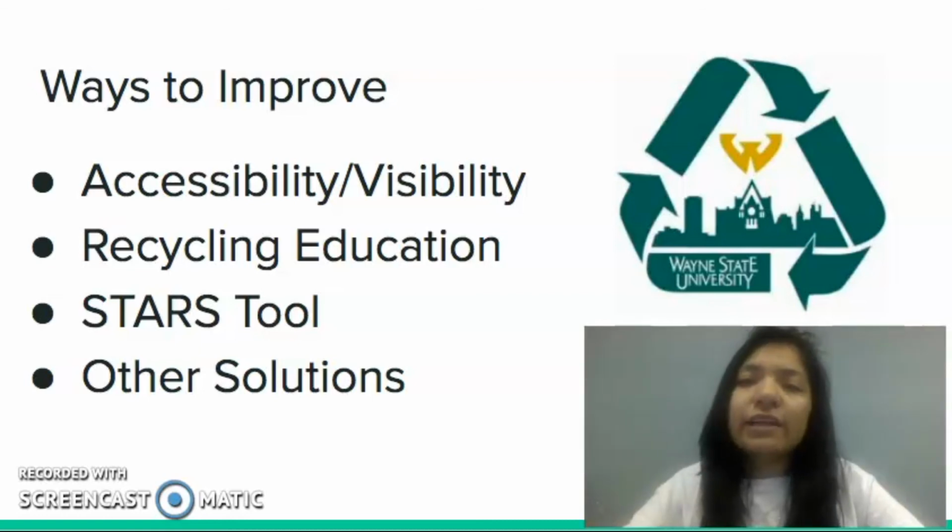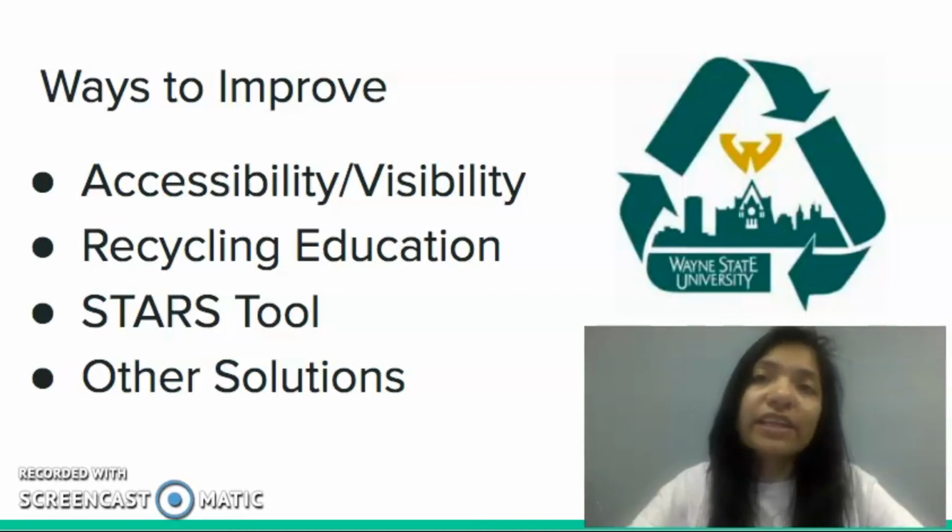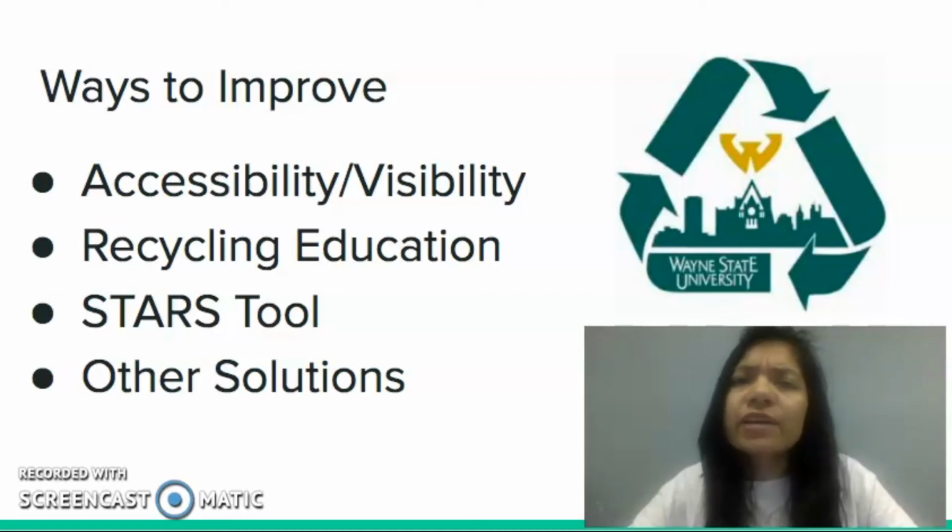One thing that the University of Illinois at Chicago has in place is a sustainability fee that they charge their current students, and it's about $6 per year. And I feel like Wayne State could probably bring something like this to campus, where maybe it can just be a $2 difference, or maybe $3 per year, and that way we can get more funds to fund more of our programs here at Wayne State.